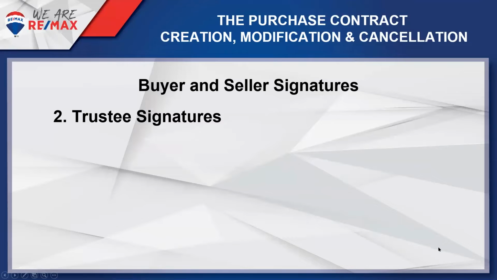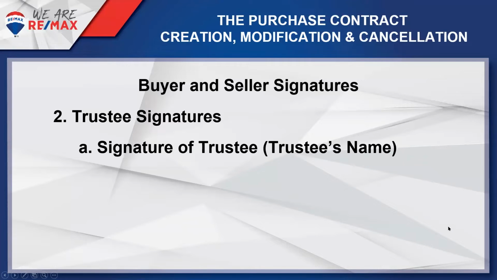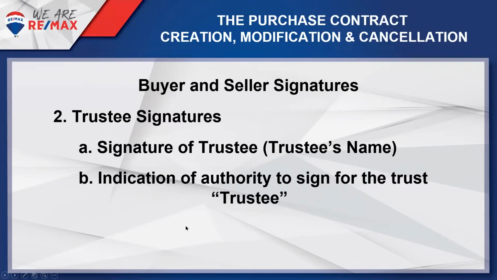Now, trustee signatures. Courts are not nearly as strict with trustee signatures, but there's a common mistake made when trusts are involved in real estate transactions, and I'll talk about that in a minute. So if an individual is a trustee of a trust holding title to a property or wants to buy the property, the trustee would sign the trustee's name, and then he would indicate his authority to sign for the trust.